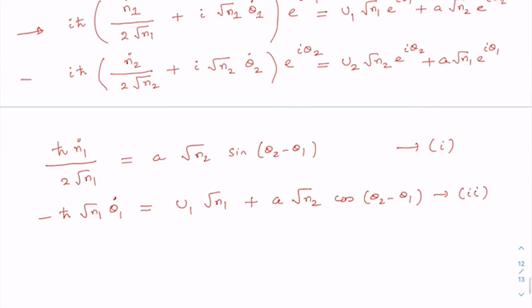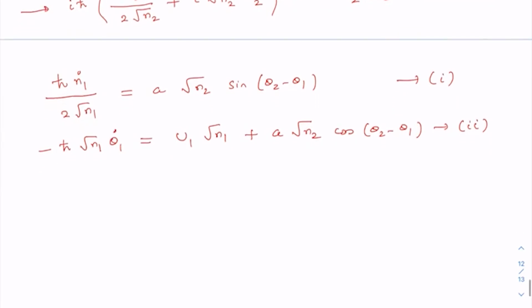Similarly, from this second equation, if I do the analysis, I will get a similar equation, ħ ṅ2 divided by 2 square root of n2 is equal to minus A square root of n1 sine(θ2 minus θ1).